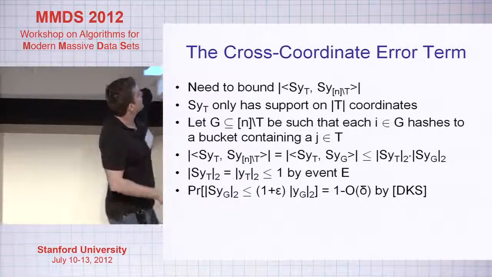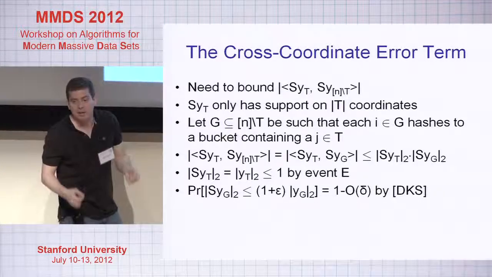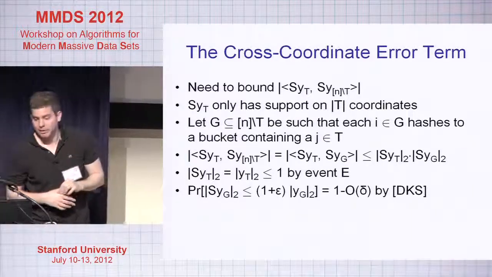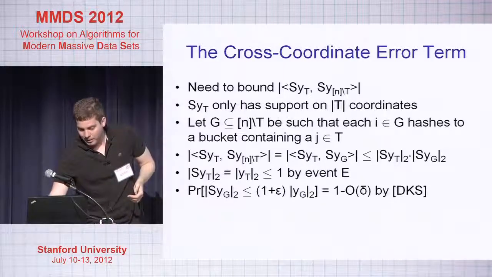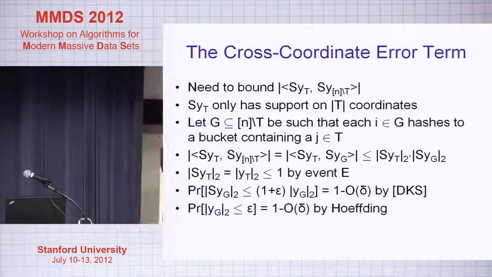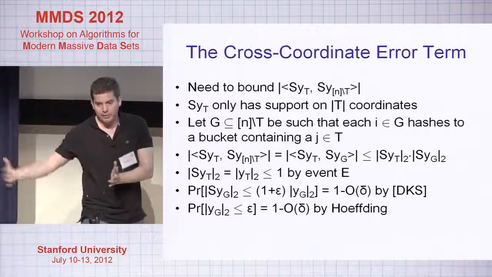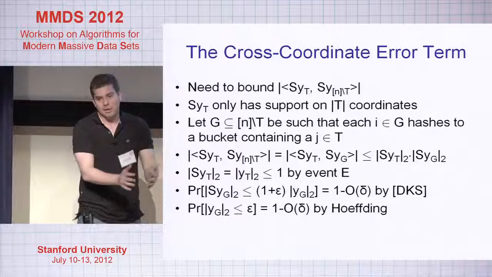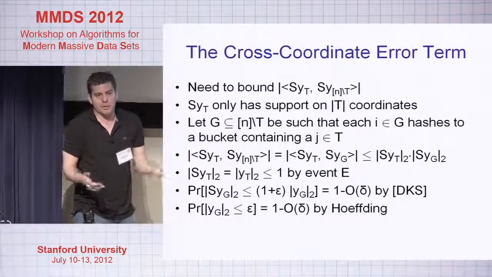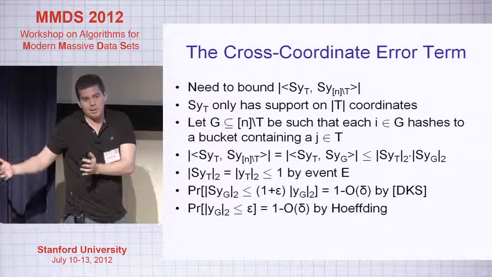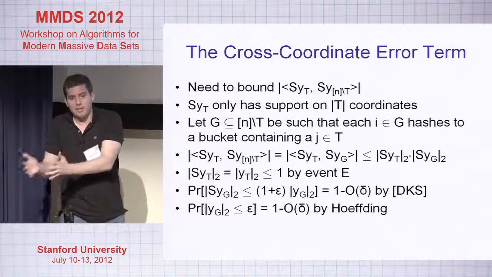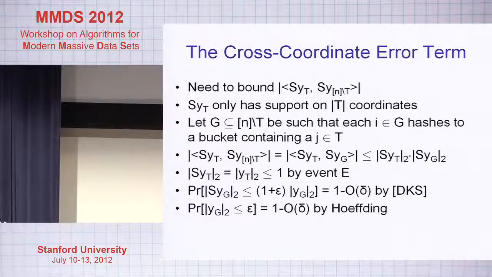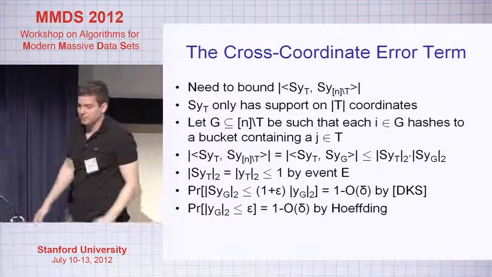So we can bound the 2 norm of S y_G as 1 plus epsilon of the 2 norm of y_G, with probability 1 minus delta by DKS. And finally, what is the 2 norm of y_G? This is those coordinates that aren't heavy, that collide with the heavy coordinates under the mapping. Well, you can apply Hoeffding bounds to show that all these coordinates are small. Typically, I don't collide with a heavy element if I have enough buckets. So actually, you can bound this by epsilon just by Hoeffding bounds with high probability.